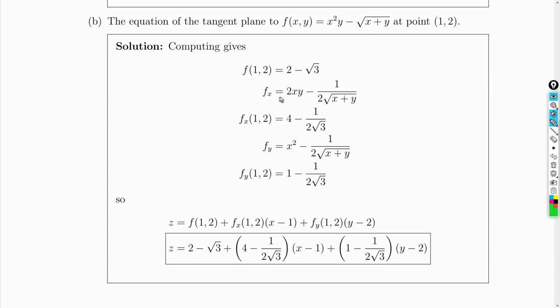Right, plugging in. Let's talk about the partial derivatives. For the partial derivative of f with respect to x, the y is a constant, so x squared becomes 2xy, that's this term.